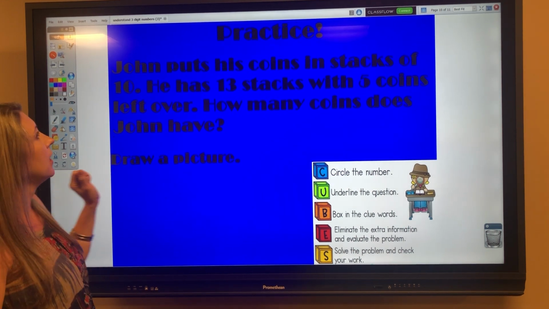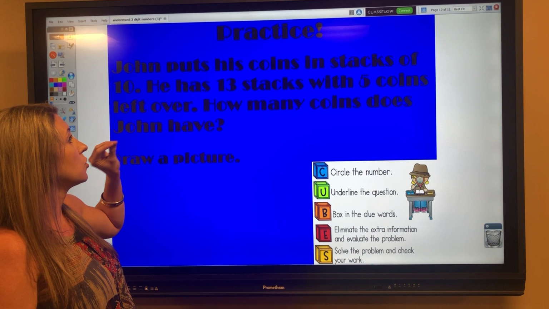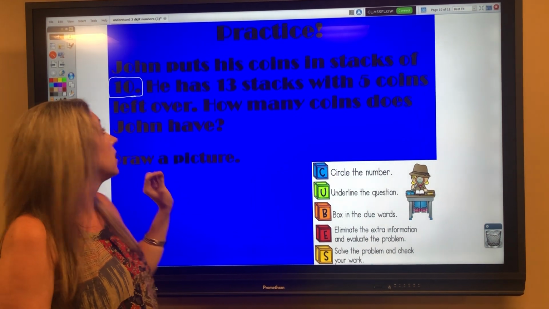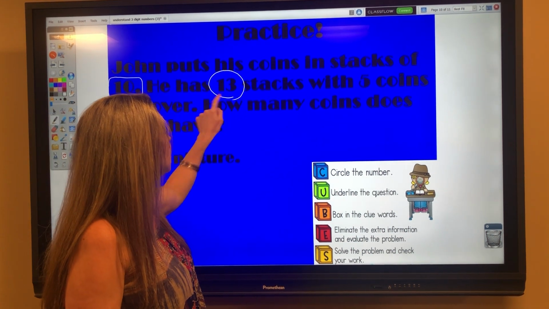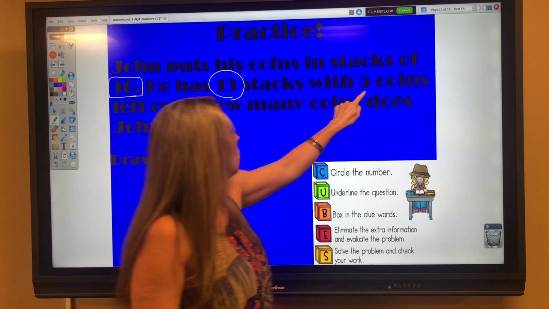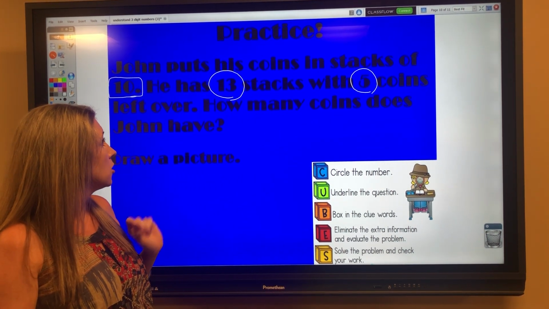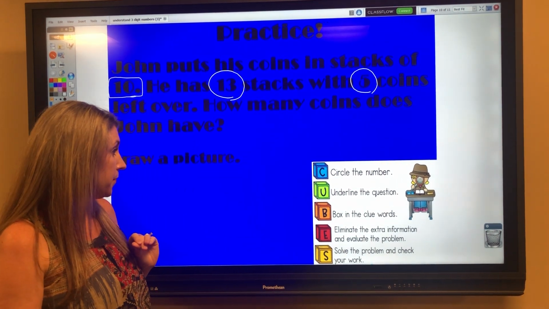So let's go back and we read the first sentence, and I see that John puts his coins in stacks of 10. That number 10 is important. He has 13 stacks with 5 coins left. So all of these numbers are very important for us to solve this problem.